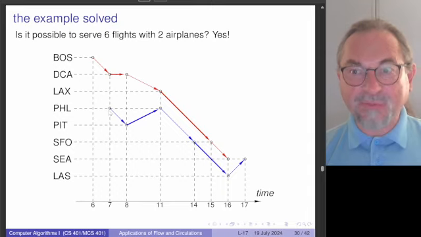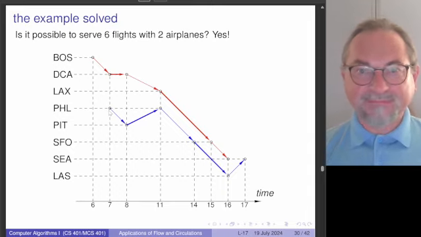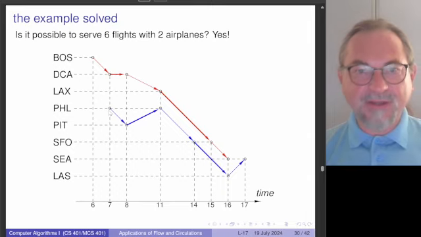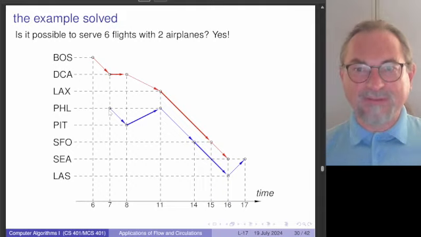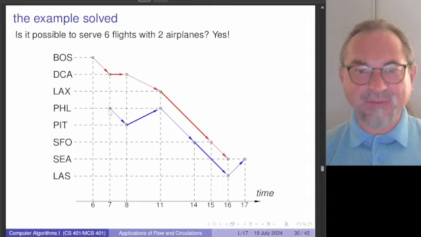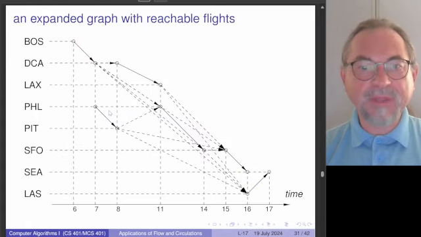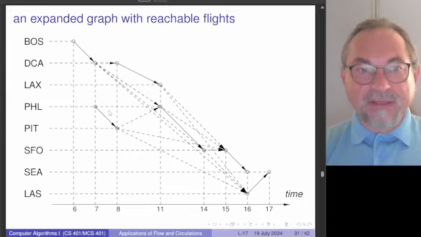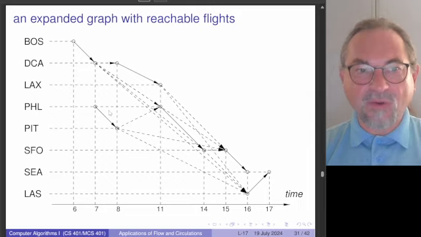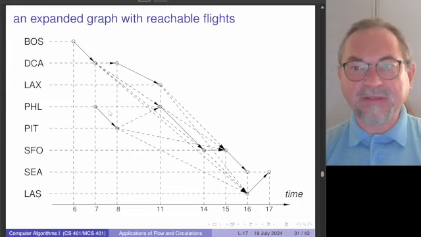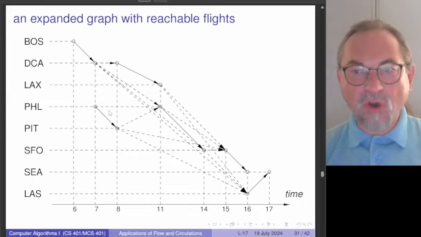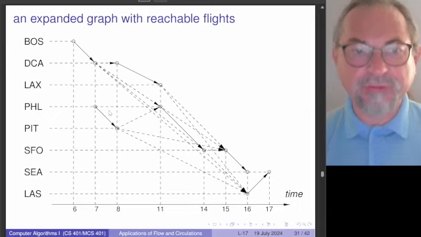Let's solve this problem in general, because obviously airlines have way more than 2 airplanes and they serve way more than 6 flights on a day. So this problem has to be solved efficiently. Here is a graph which defines all reachable flights and in some sense defines all possible solutions.